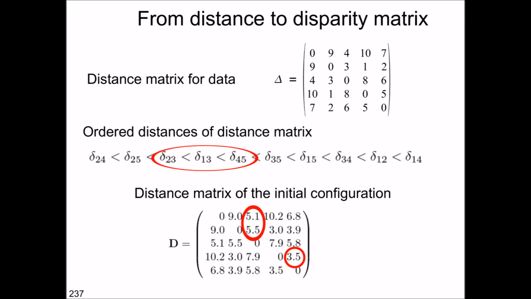But we see the second lowest is not 2, 5. The second lowest would be 4, 5. So we see that the conditions for several of the distances are not fulfilled. What do we do in this case? Well, you would continue with a monotone regression, and that's explained on the next slide.